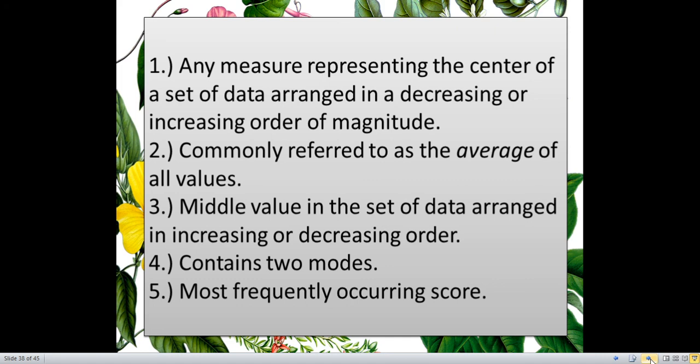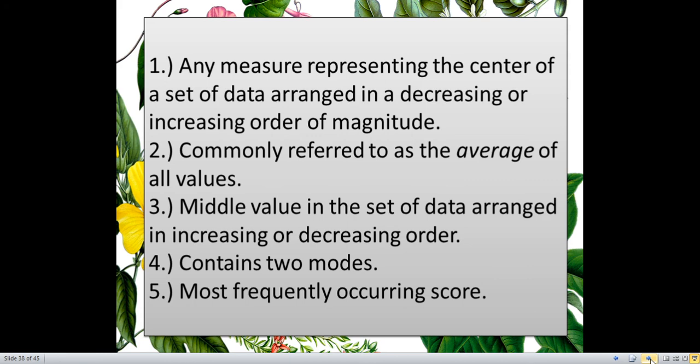Second, commonly referred to as the average of all values. Third, the middle value in the set of data arranged in increasing or decreasing order. Fourth, contains two modes. And lastly, the most frequently occurring score.